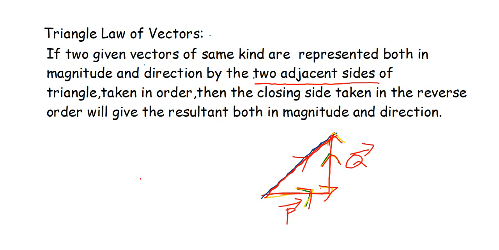So the resultant of these two vectors is represented by the closing side in the reverse order, both in magnitude and direction. That resultant is R bar. So the resultant vector R bar is P bar plus Q bar.